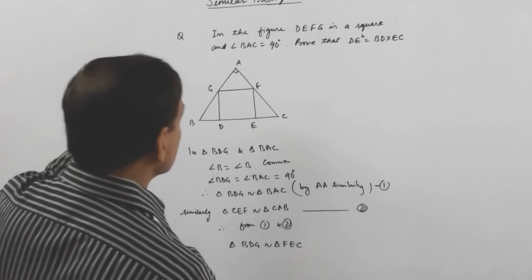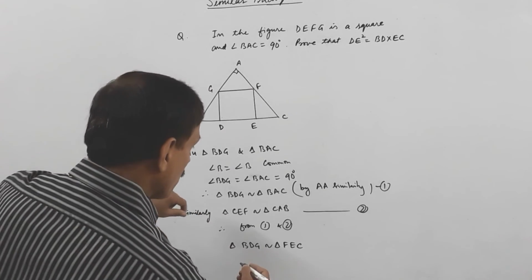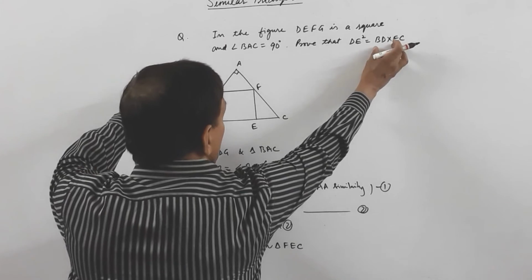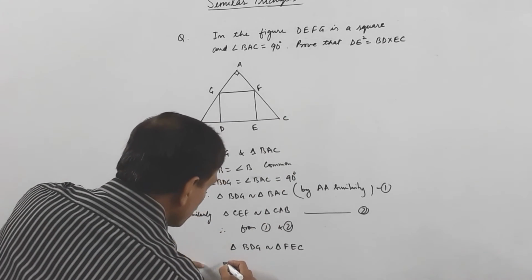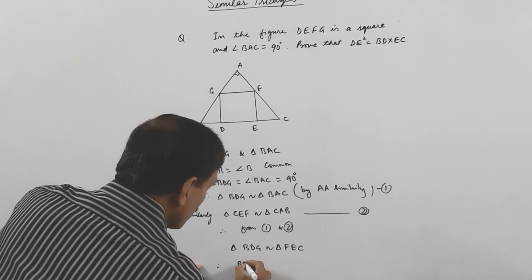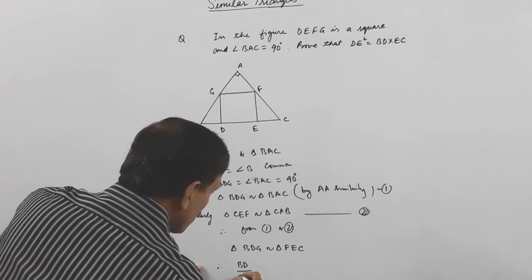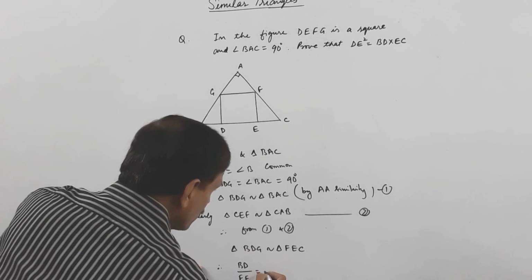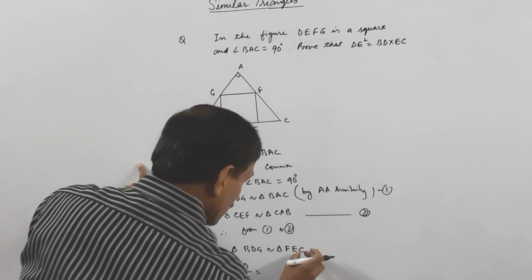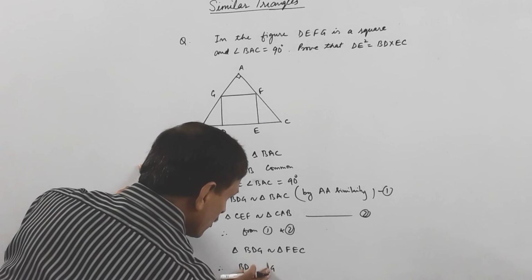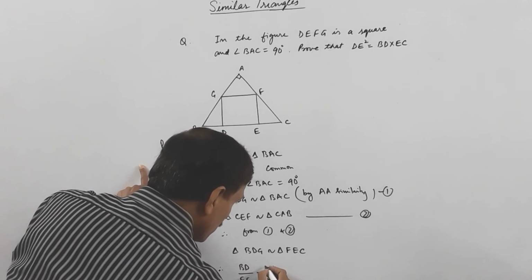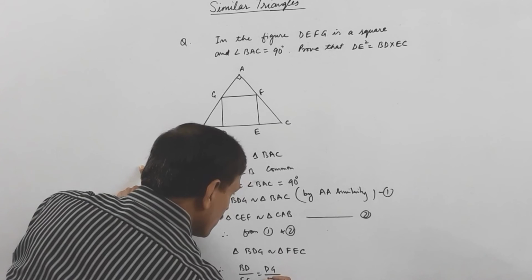Thus, we require BD and EC both. So we consider the two sides BD. Therefore, BD upon FE is equal to, we require EC, corresponding to EC, this is DG. So DG upon EC.